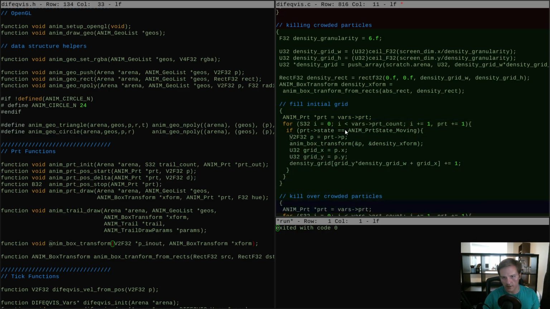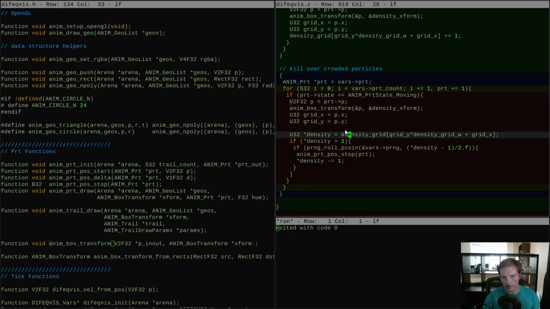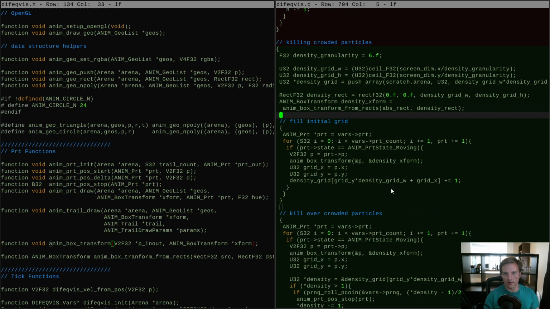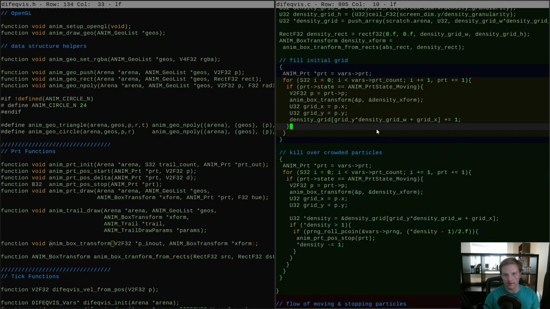So this becomes our new method of calculating grid X and grid Y. There we go. That is applying density, and it's applying it correctly.